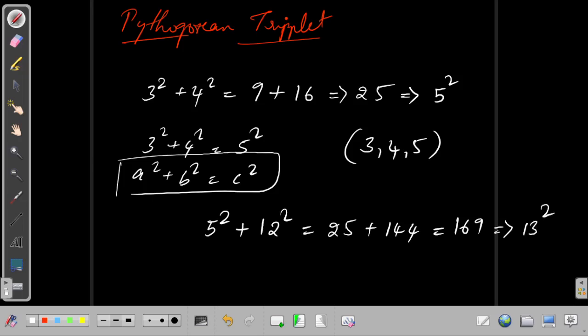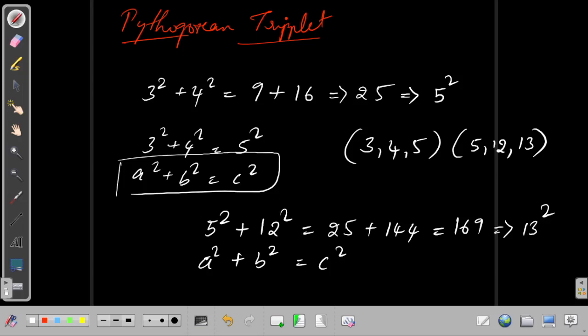Yes. So here A is equal to 5 and B is equal to 12, then C is equal to 13. So what is our Pythagorean triplet? That is 5, 12, 13. So this is about Pythagorean triplets.